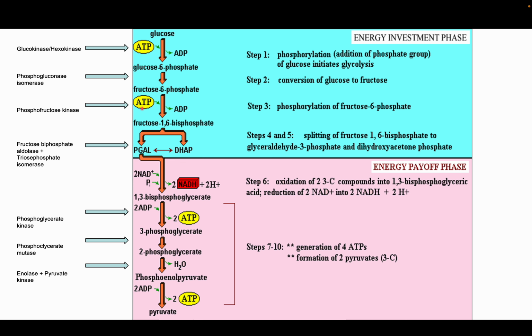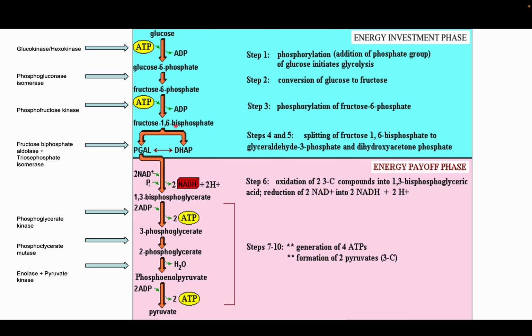Okay? Now, the next step before the energy payoff stage is the breakdown of fructose 1,6 bisphosphate into two molecules. These two molecules are glyceraldehyde 3-phosphate, PGAL, and dihydroxyacetone phosphate.